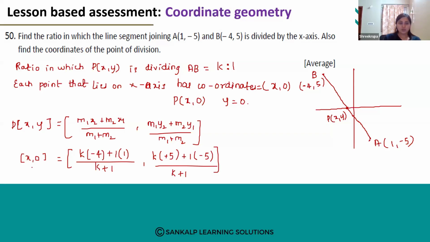We can equate this to (x, 0), correct? So (-4k plus 1) divided by (k plus 1) will be equal to x. Let's take this as equation 1 and (5k minus 5) divided by (k plus 1) equals 0, this as equation 2.